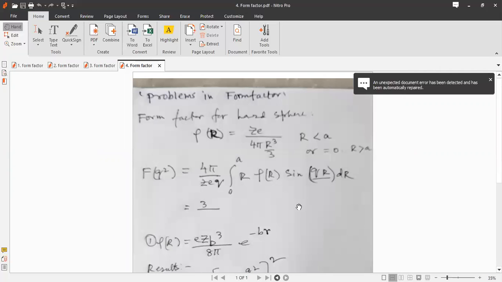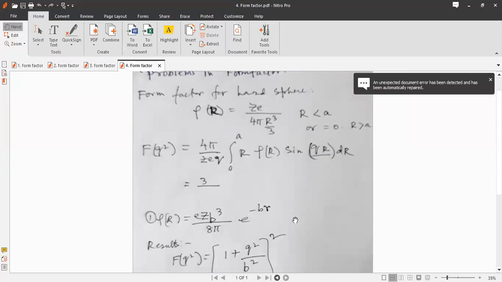Now in this slide, I have given some problems. The problems are that you have to find F(q) square when the distribution is given. So rho(r) can be of different kinds; we can assume different kinds. In this problem, you are given this distribution.